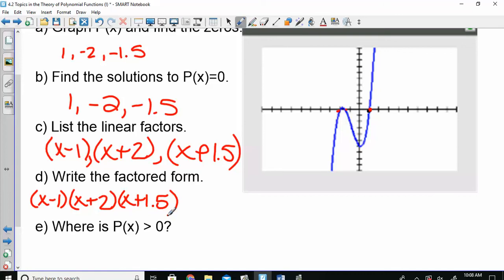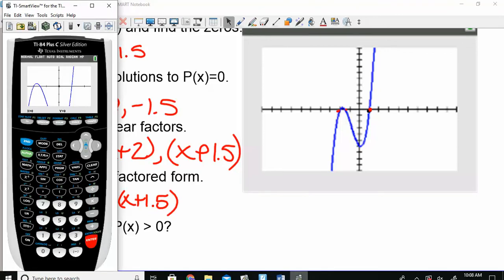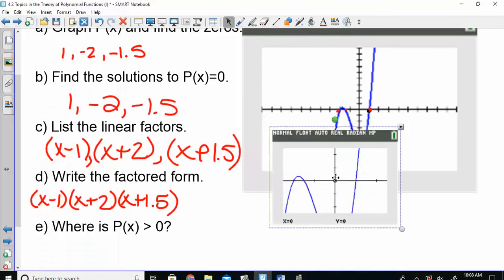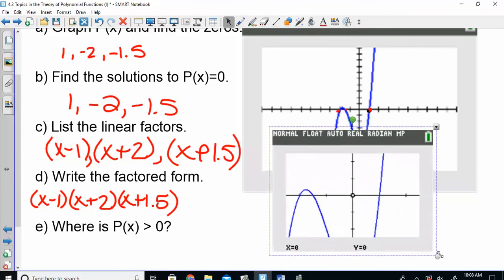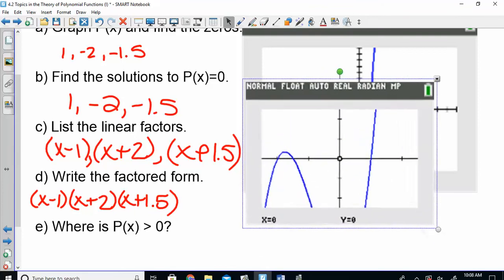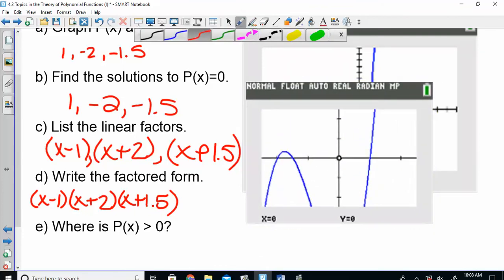Can you guys tell me on this graph where the polynomial is greater than 0. So greater than 0 means it's above the axis, right? So it's above right here and right here.